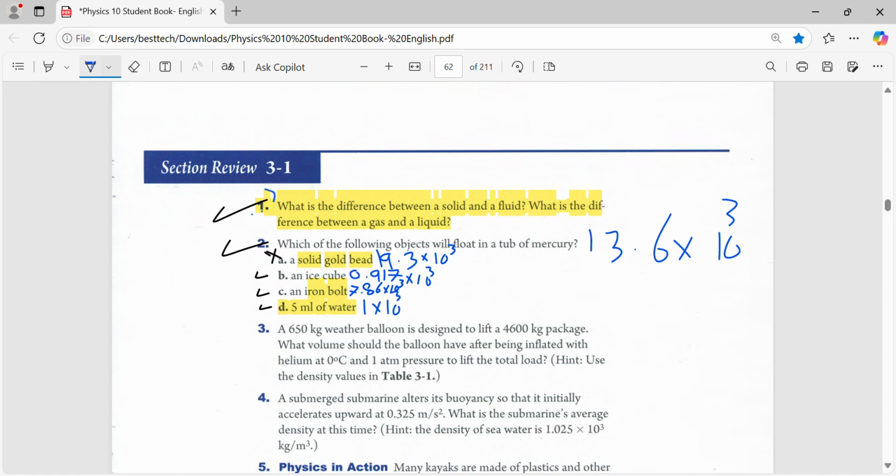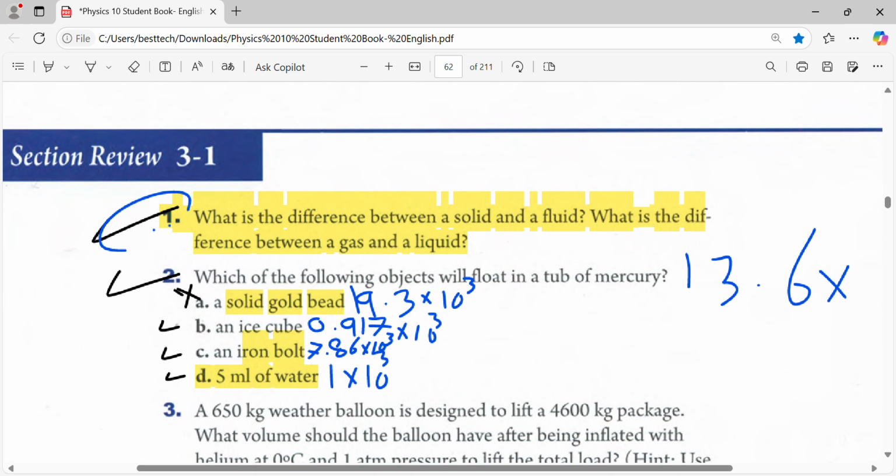For example, question 1 says, what is the difference between solid and fluid? Because the question is in two parts, the second asks what is the difference between gas and liquid? Solid first, we started it in chapter 2.